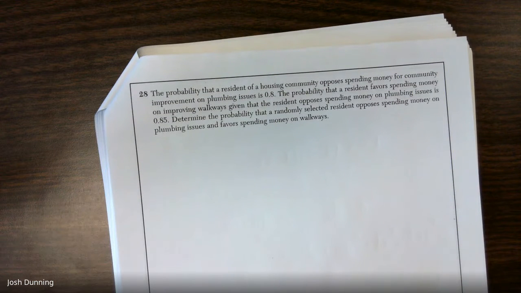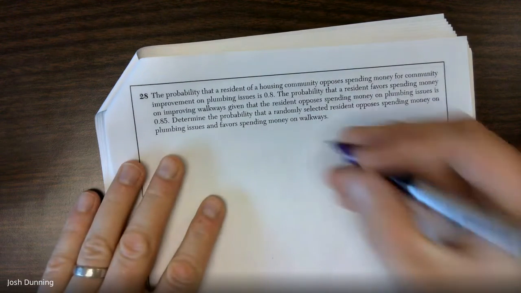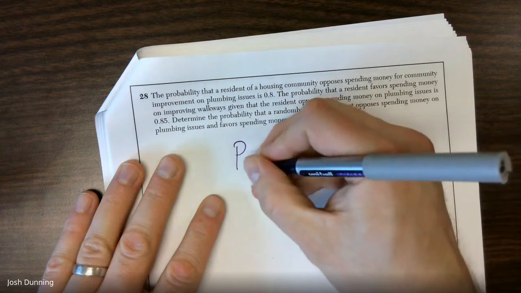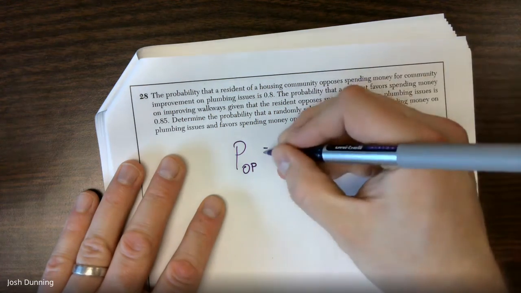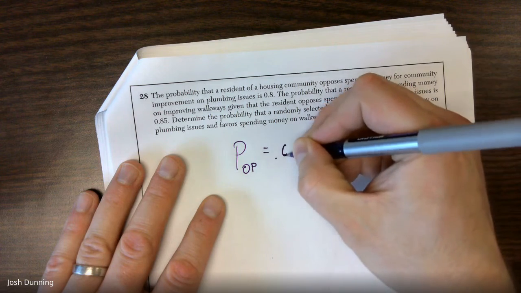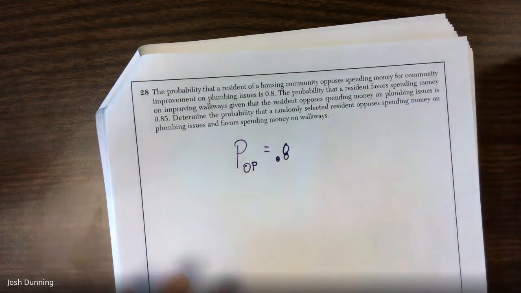Okay, the probability that a resident of a housing community opposes spending money on improving plumbing is 0.8. So we'll call that the probability of opposing plumbing, 0.8.